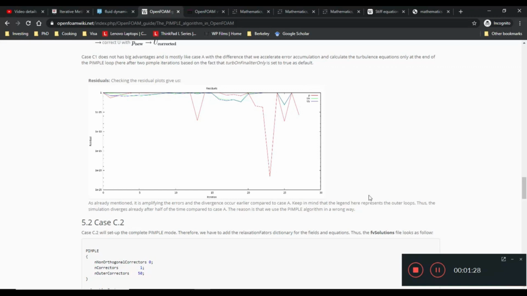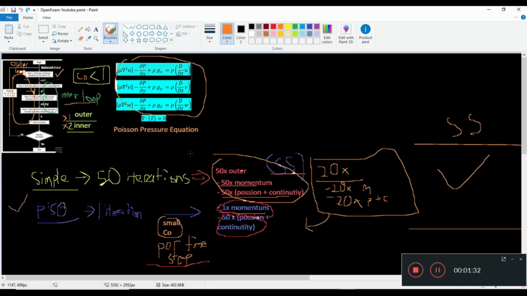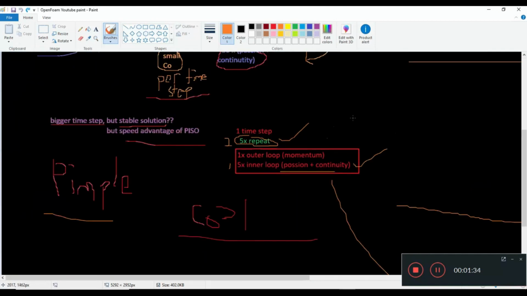Residuals means the difference between the nth solution and the next one. If your velocity or whatever field is here, and your next iteration is some distance apart, this is called the residual.